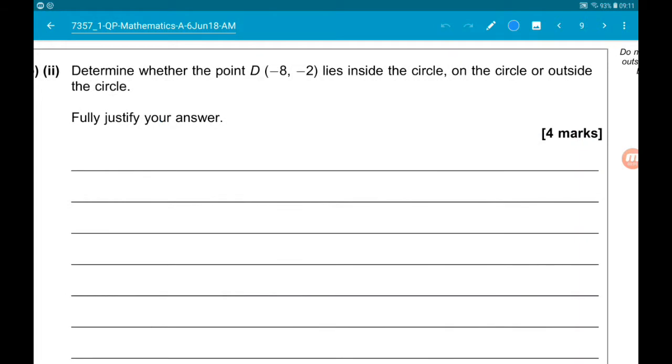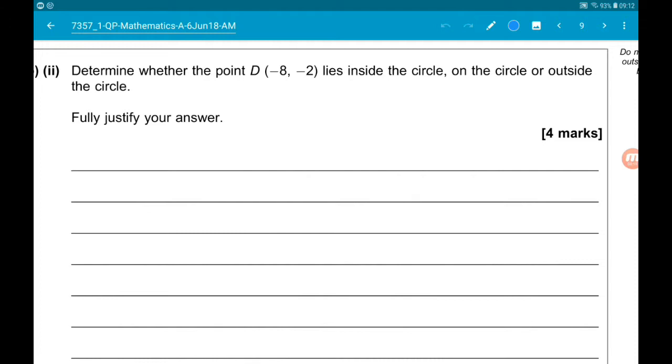Part 2 wants us to determine whether the point D (-8, -2) lies inside the circle, on the circle, or outside of the circle, and it's 4 marks.